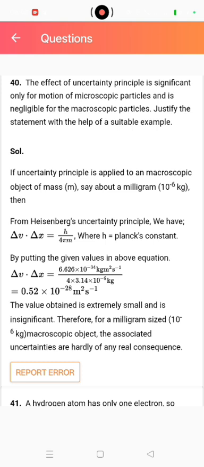The value obtained is extremely small and insignificant. Therefore, for a milligram sized macroscopic object, the associated uncertainties are hardly of any real consequence. So the uncertainty principle is significant only for the motion of microscopic particles, not the macroscopic particle. Clear?